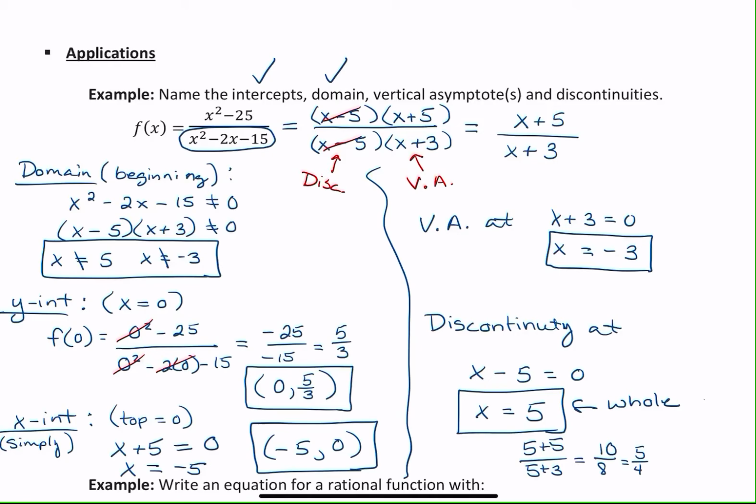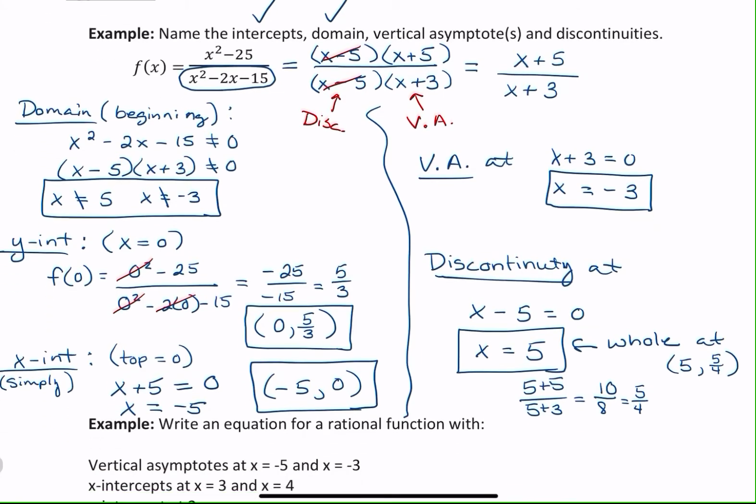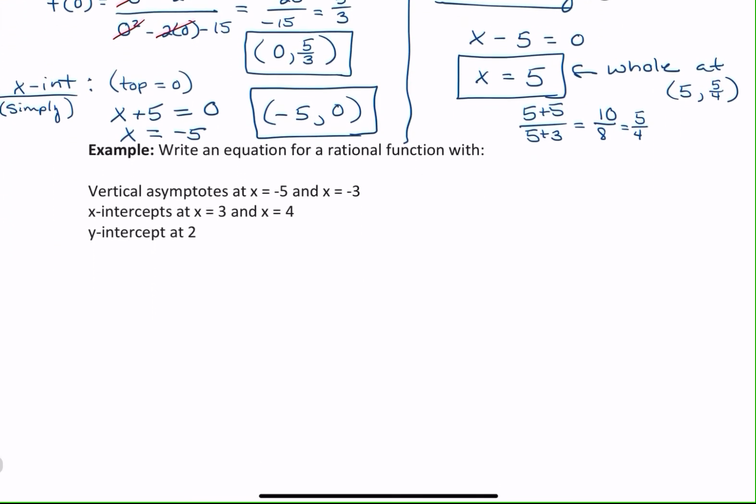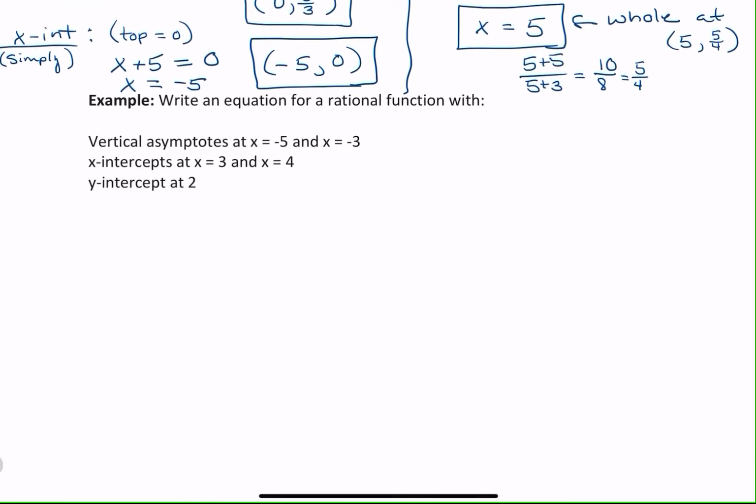So there's going to be a hole at 5 and 5/4, or 1 1/4. If you graph that, it might not show up to the visual eye, but there would be an error right there. So it would go up to 5 and then jump over it, creating the hole.